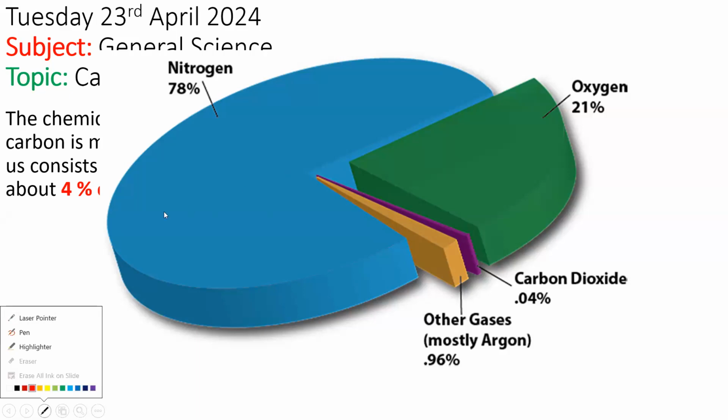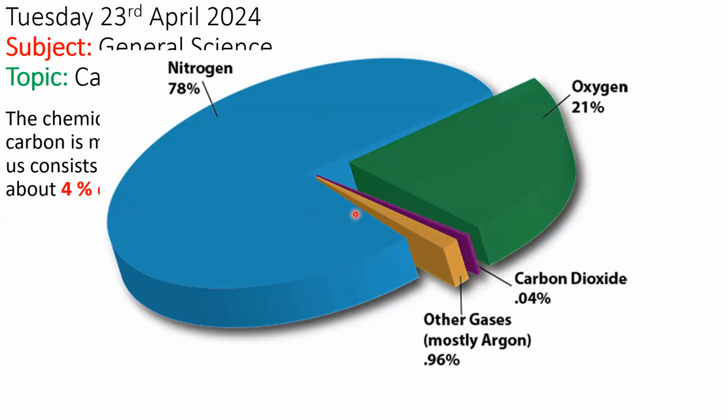Nitrogen. And how much percentage of nitrogen? 78%, right? That's a huge amount. Then next up comes oxygen, and oxygen has about 21%, 20%, around there. And then the next one is carbon dioxide. That's a little small slice, 0.04% of carbon dioxide. And the rest is other gases, right?